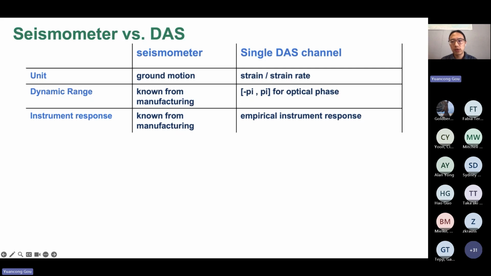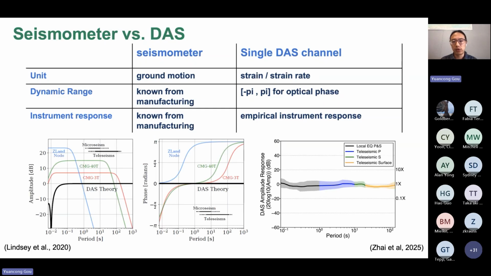For the instrument response, it's a little bit more complicated, because if you assume the cable is coupled perfectly to the ground, then we will have a flat instrument response, except for when the wavelength you are measuring is close to the gauge length. So people usually take another approach. Like in Qiushi Zhai's paper, they calibrate this instrument response using a collocated seismometer.